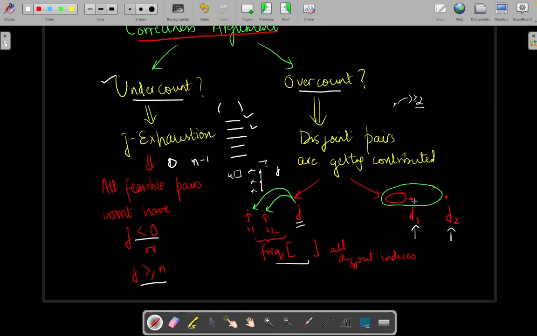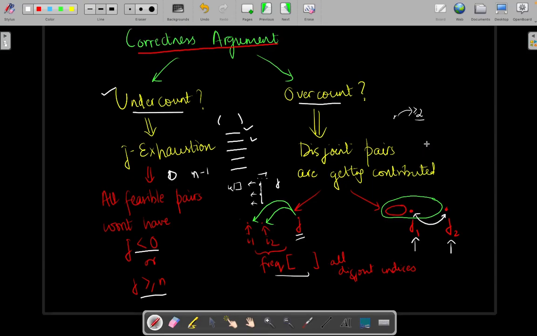So inherently, there won't be anything common between all the pairs that we have generated for this j1 and for that j2. There won't be anything common. So that's the argument that we are never double counting anything, right? So that is a short correctness argument for what we have implemented.